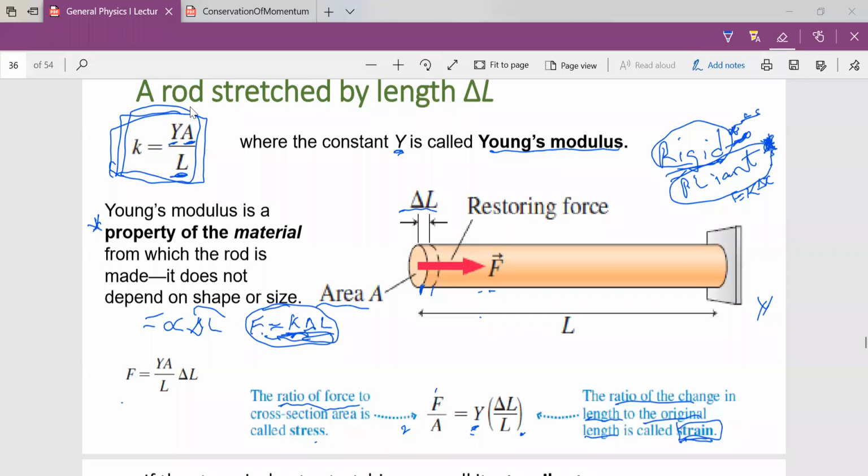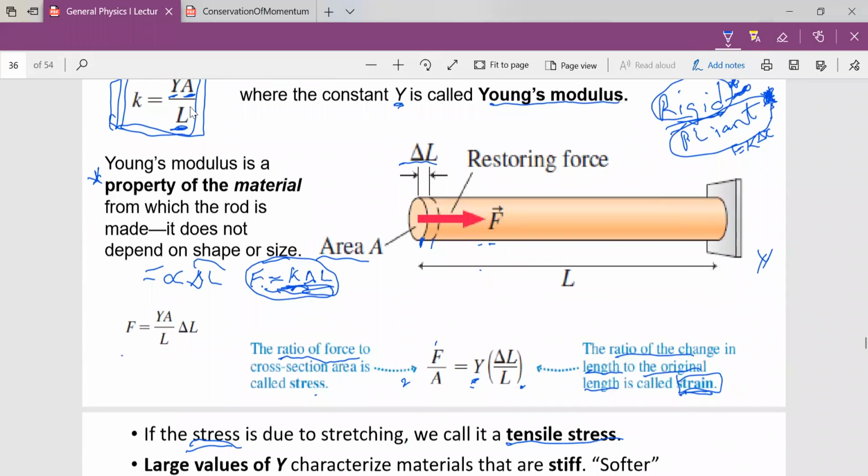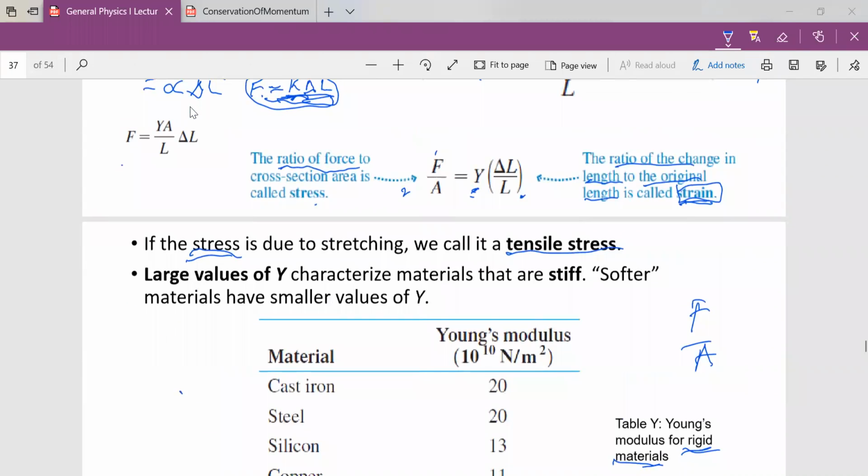Okay. So we'll proceed. We said that when the stress, so stress F over A, is due to stretching, we call it tensile stress.